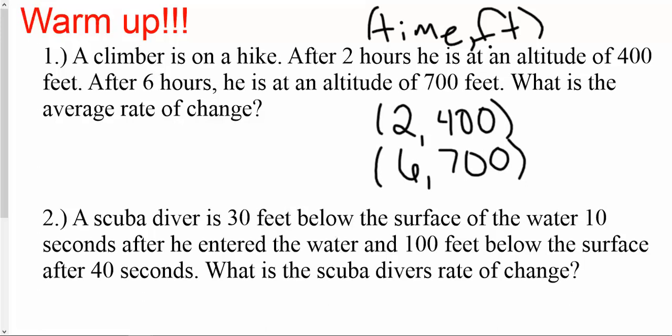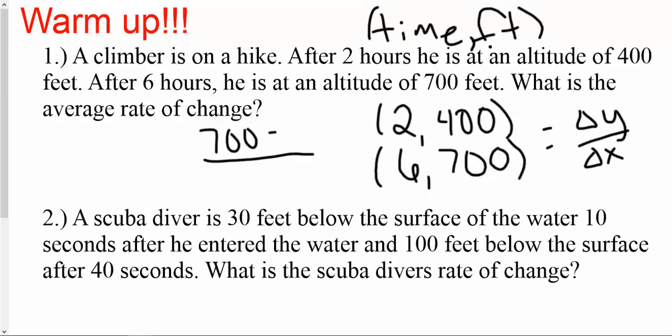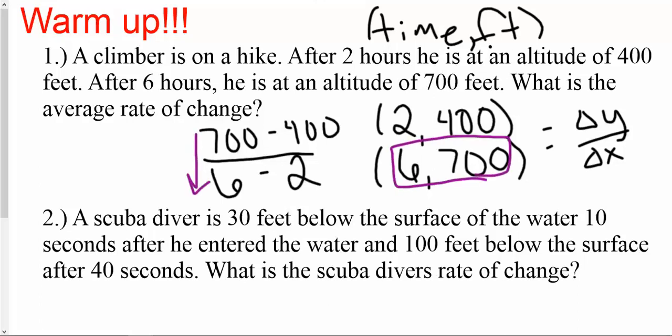So if we're finding rate of change, remember we're doing slope. And slope is delta y over delta x. If we don't remember what that is, just remember that it's change of y values over change of x values. Now remember, I have to line up these points. When I'm looking at this pair here, this has to line up vertically when I'm doing slope.